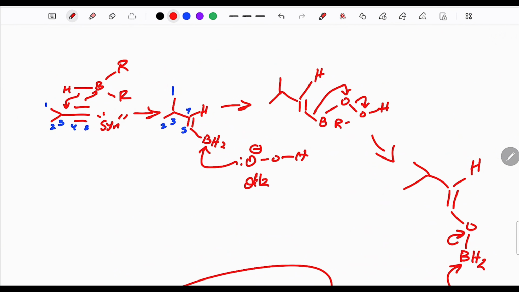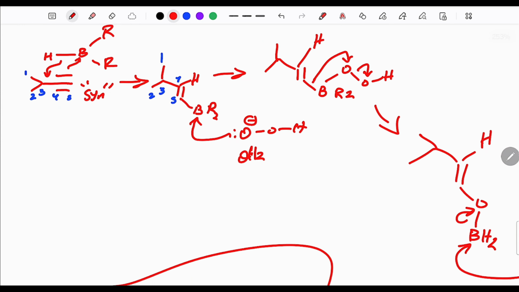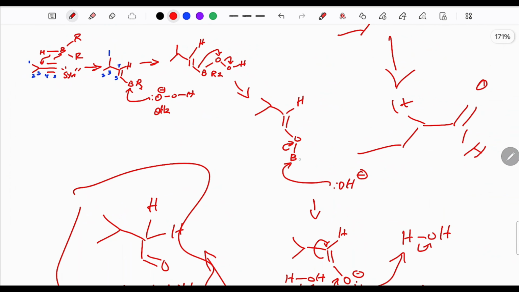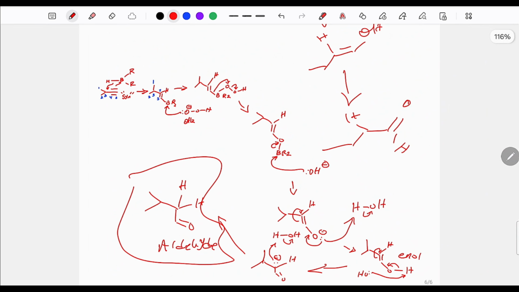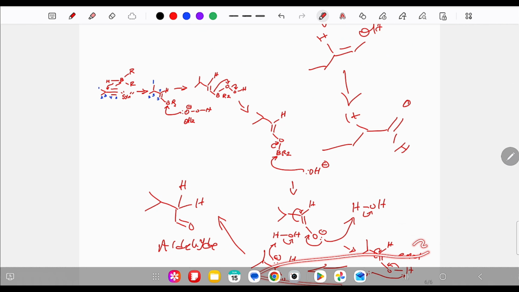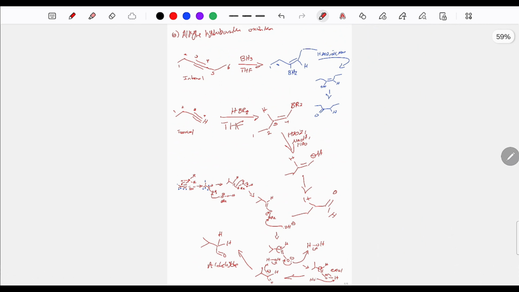And R2 and R2, R2 for you there. Okay, so that was a keto-enol or aldehyde-enol tautomerization under basic conditions, as we just saw, right? And that's the mechanism.